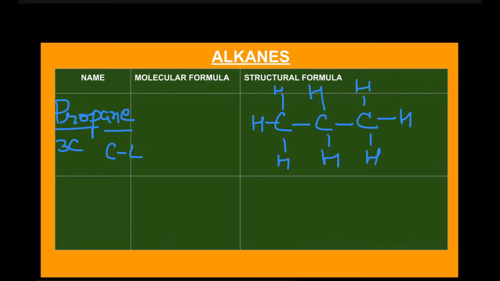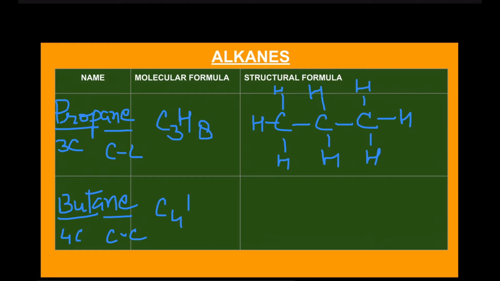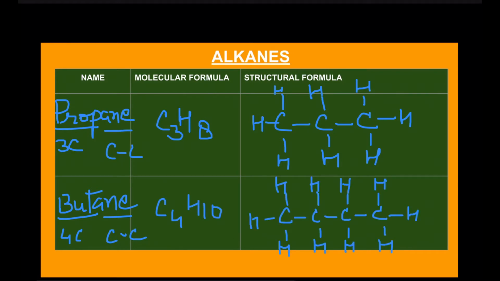This is propane. C3, H2n+2 means 6 plus 2, it becomes 8. C3H8. Write about butane also: bute, 4 carbons, ane, single bond between carbon atoms. C4H10. This is the structural formula of butane.